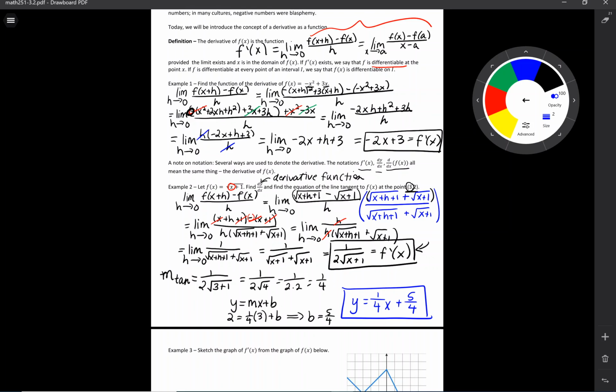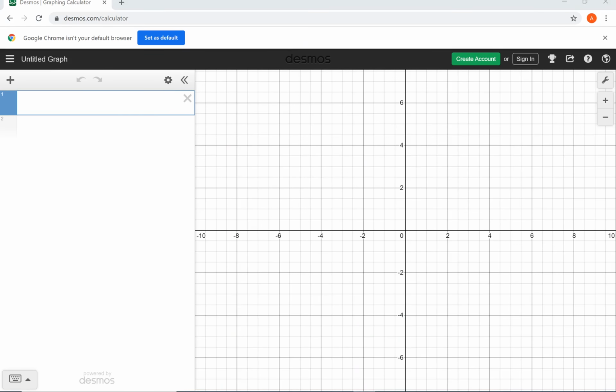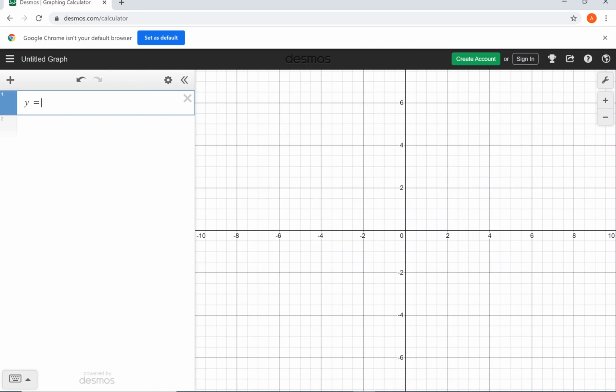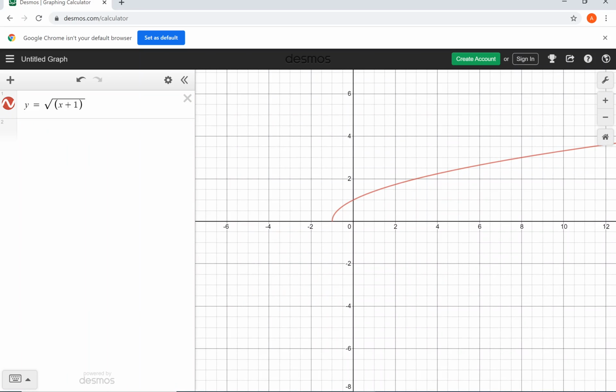So let's see what this looks like on a graph. y equals square root of x plus 1. So that is my original function. And I am at the point 3, 2.